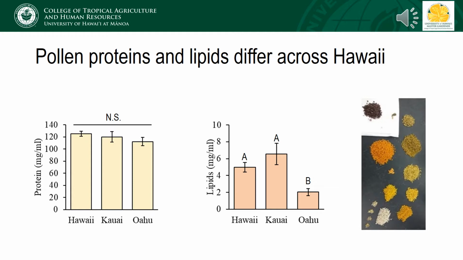I collected royal jelly in February 2019 during queen rearing across the state and found that while total protein did not differ across the islands, lipid levels were significantly lower in royal jelly from an apiary on Oahu and higher on Kauai, though there was a lot of inter-apiary variability.